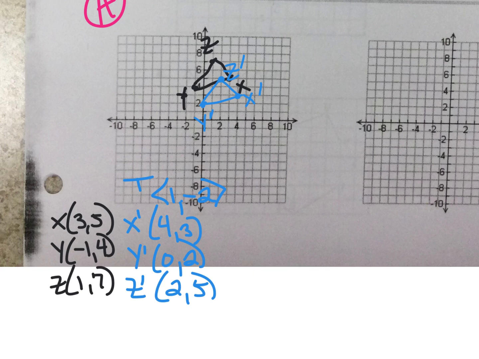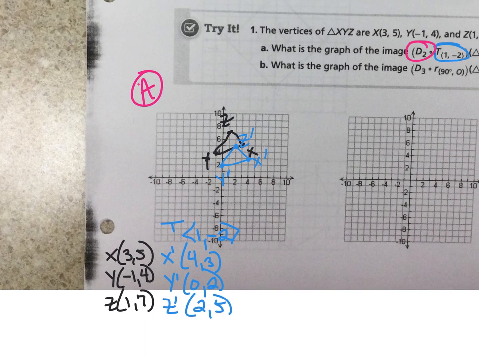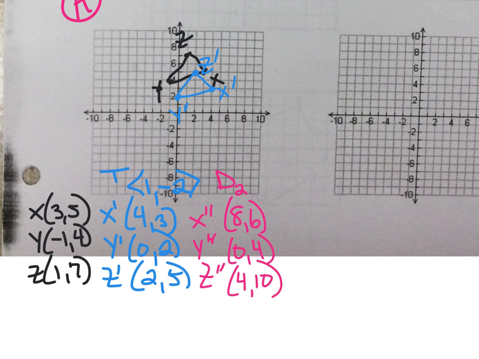That places the figure right there. And then the next thing it says to do is dilate by 2. So the dilation would put us at 8, 6, 0, 4, and 4, 10. And then you would just graph that. And that's all there is to that.